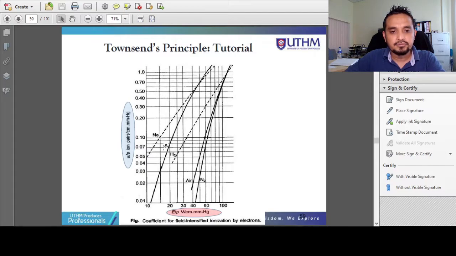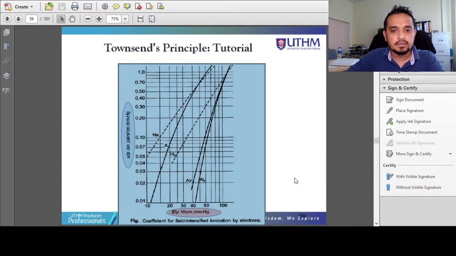Since we are considering air, the value will be around here. If we check carefully here, it will give us a value of around 40, 50, 60, so somewhere in here, about 59, 58, 57, something around those values.